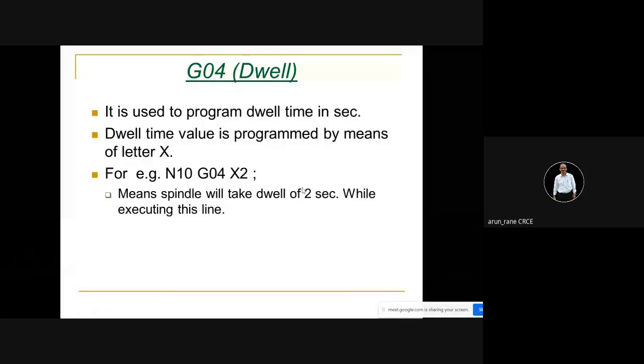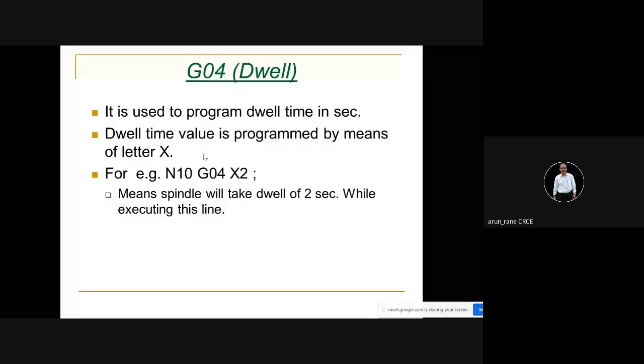What is the meaning of this? Spindle will rotate, but the axis motions, that is X, Y, Z, whatever it is, will come to halt. There will not be any axis motion for 2 seconds. If it is Fanuc, remember the difference.